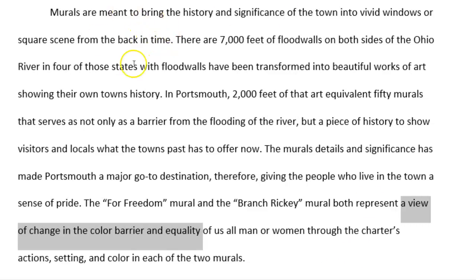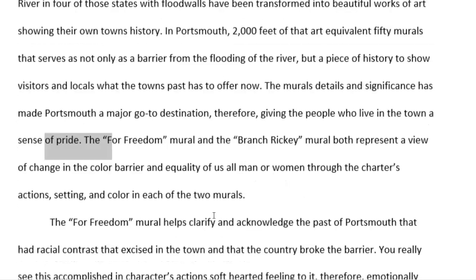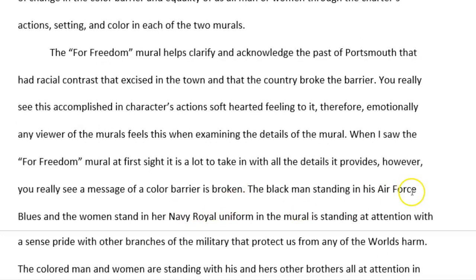This seems like, hey, let's talk about flood walls, and then it's race at the end, and there's a really huge gap between this sentence here and the thesis statement. So to make that more subtle, or make it easier to transition from the rest of the introduction to the thesis statement, I think you need to do something different in the introduction.